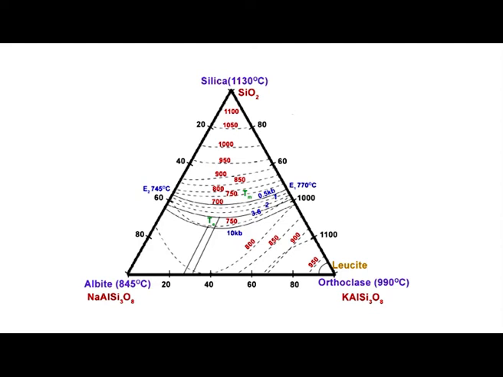The thermal minimum is found to shift towards the albite corner with increasing water pressure. See Tuttle and Bowen 1958, when P water increases to about 4 kilobar, the cotectic minimum was found to become a ternary eutectic. This will be the composition of the first melt formed from melting of any gneisses at 4 kilobar pressure.